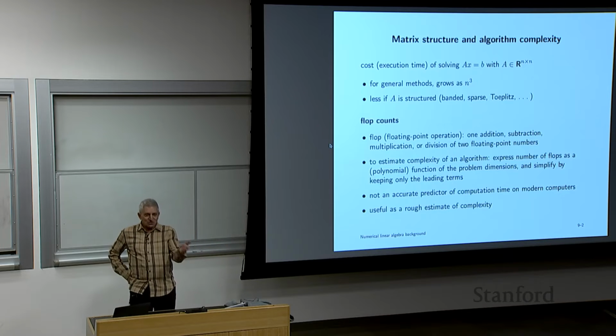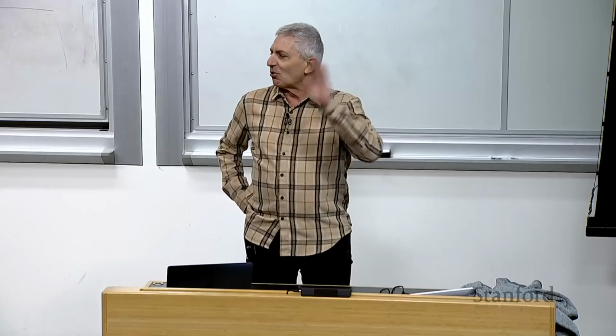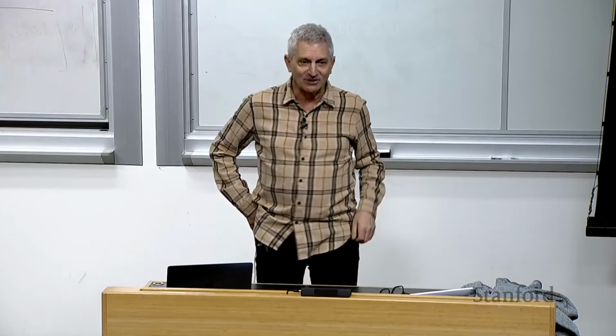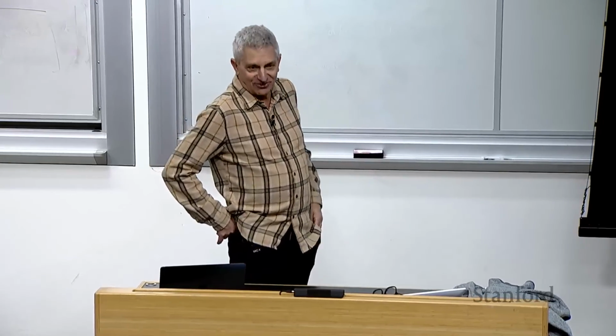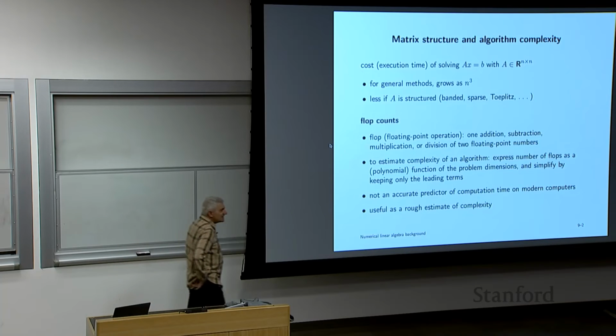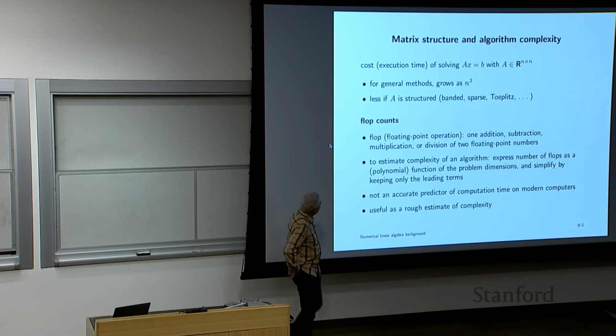But this is just for order of magnitude. I'll also say other reasons why this model is completely wrong, but it's good enough for this. Some people got weird in the 60s, and they decided a floating point operation was actually a multiply plus an add plus some indexing work. And you're like, okay, whatever.